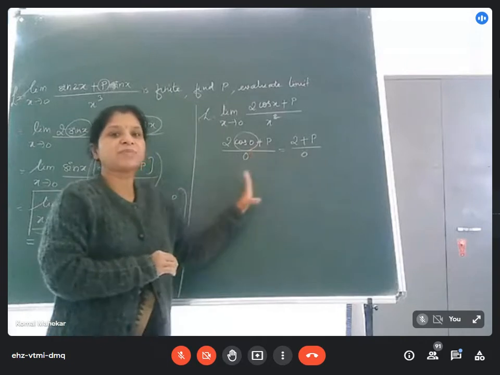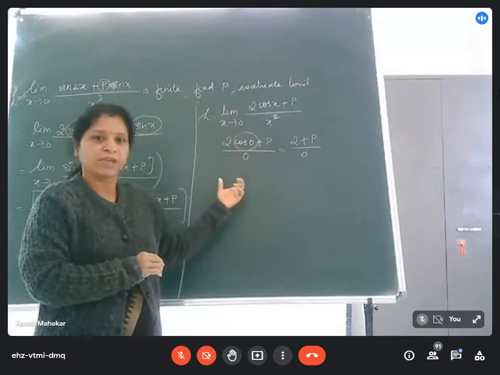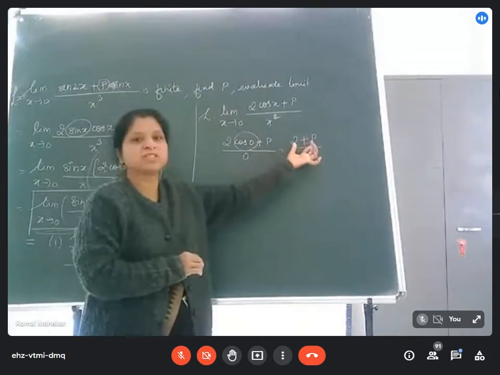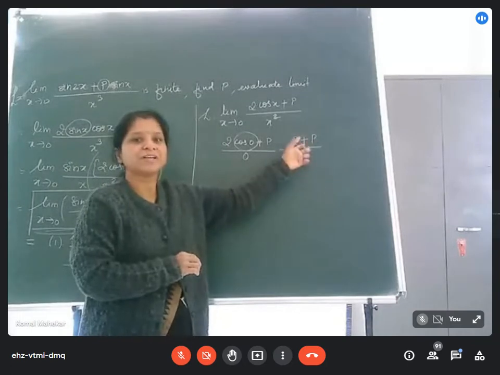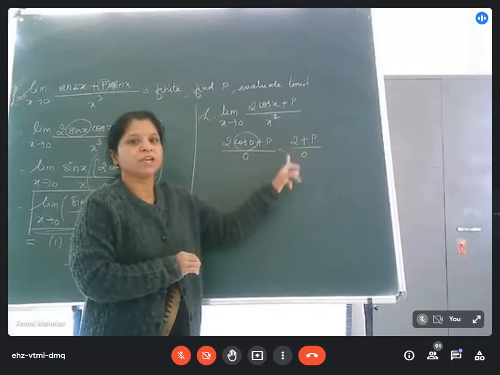But limit is finite, this is given to you. So if it is finite, then numerator must tend to 0 because it is in 0 by 0 form. Then only it is finite.